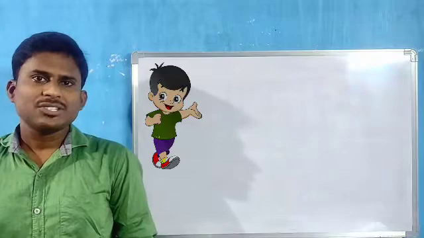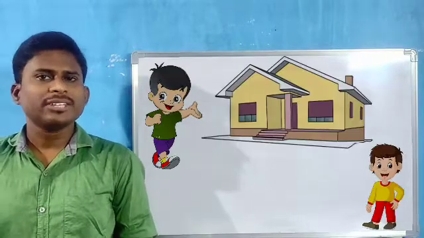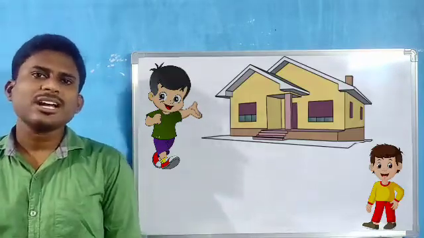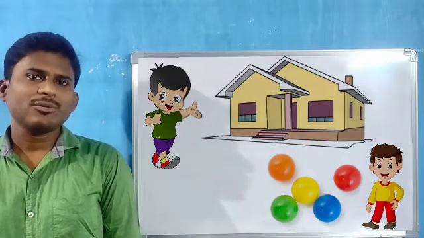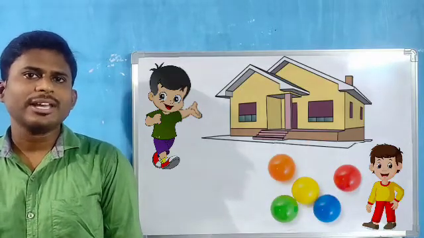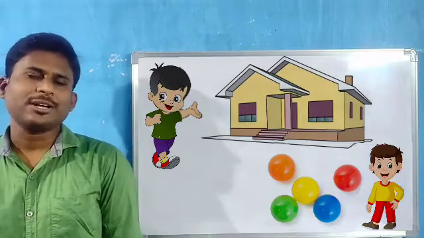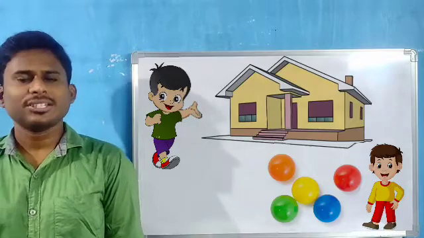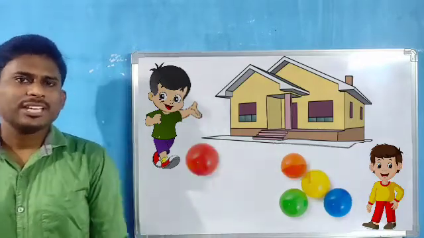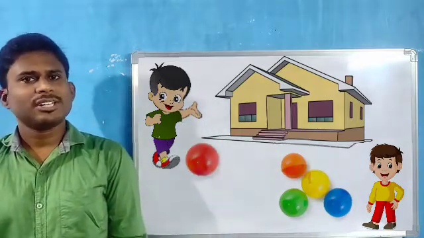One day, Charan went to his friend Teja's home. There Teja had 5 balls. Now Charan wanted to play with a ball in his home. So he asked Teja, Teja, can you give me one ball? Of course, you can take, Teja said. Then Teja gave one ball to Charan. Charan went home.